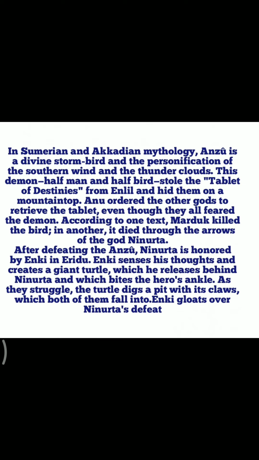And what happened was, the story goes like, in the beginning, there was only the pure water god Abzu and his wife, saltwater goddess Tiamat. And later they gave birth to Anshar and Kishar. Anshar and Kishar gave birth to Anu and Ki, and Anu and Ki gave birth to Enlil and Enki.